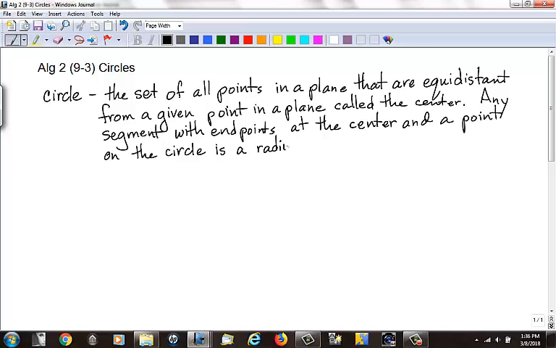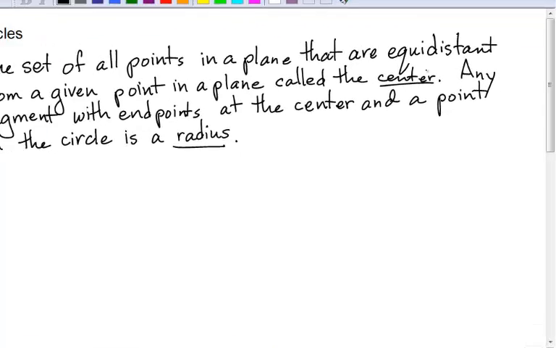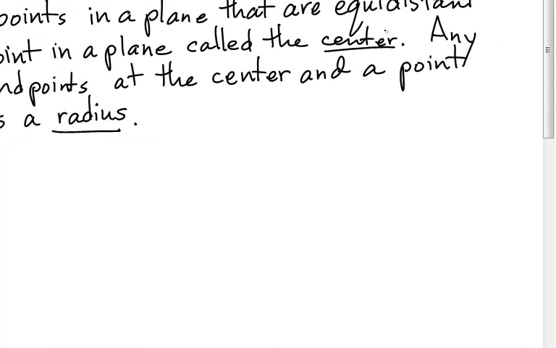So it has to be from the center out to a point on the circle, and it has a special name called the radius. So the center and the radius.